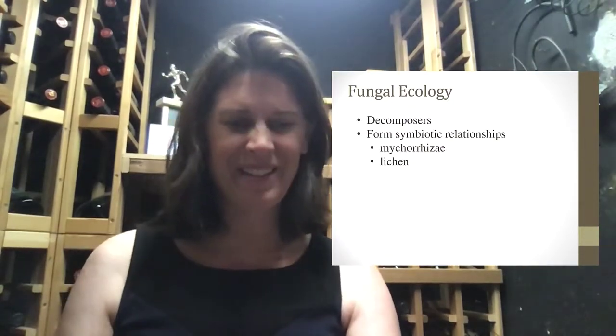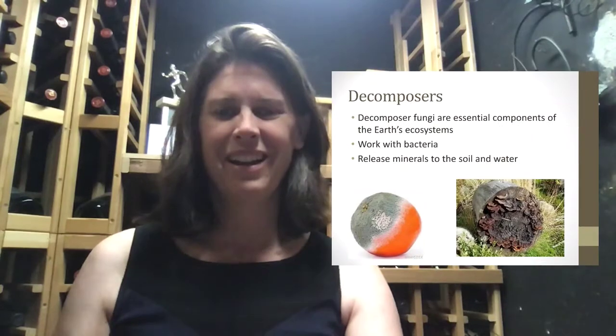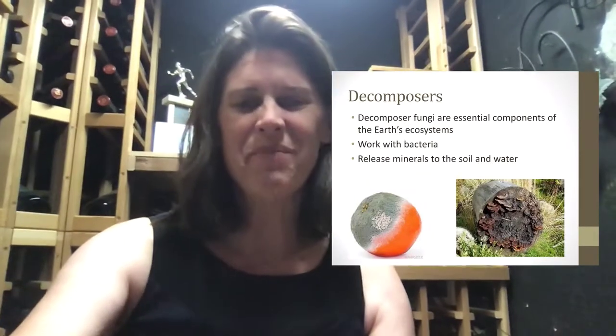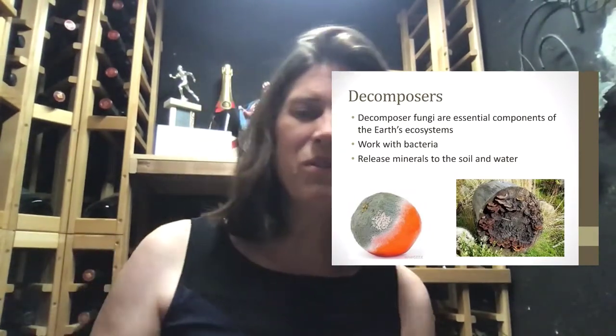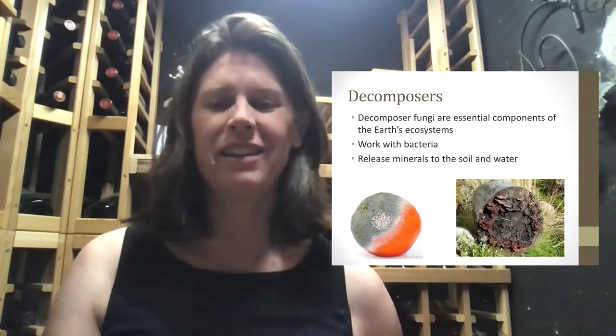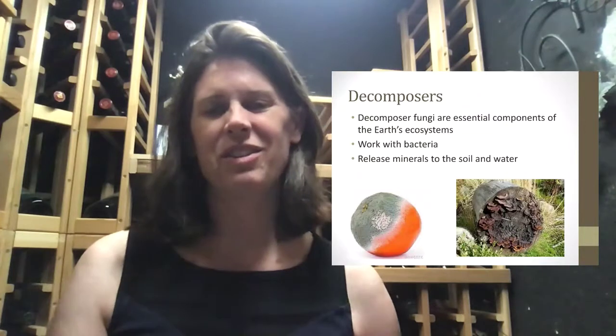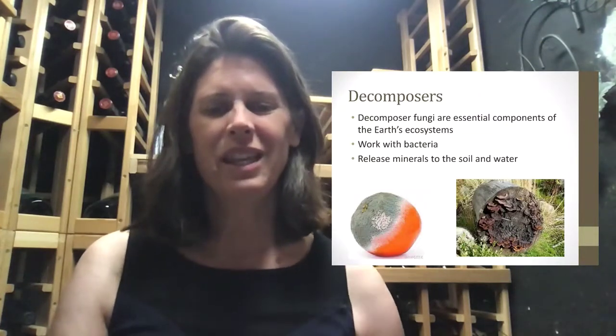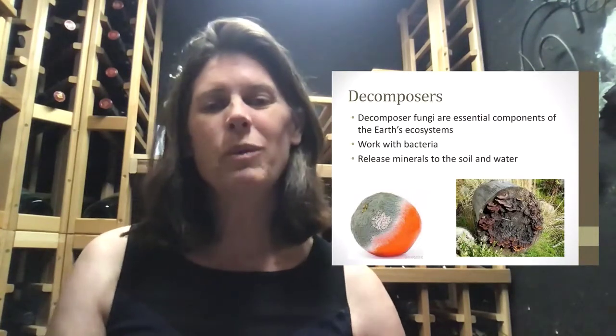Okay, here we go. So decomposers. Without the fungi, the earth wouldn't be functioning as it does now. They're very essential components to the ecosystems, and they work with the bacteria.